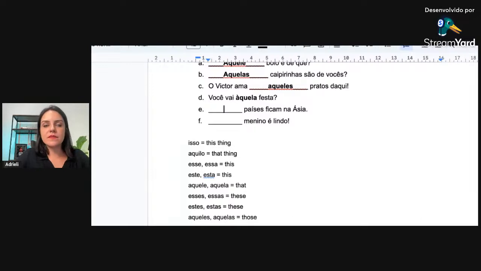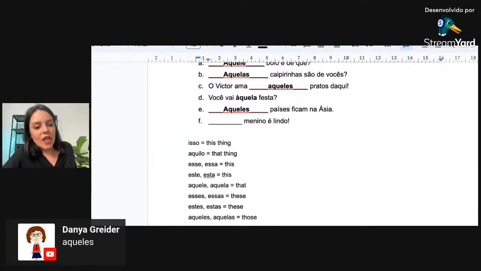Alguém? Anyone? So it's gonna be aqueles países ficam na Ásia. Isso, vocês estão com delay. Aqueles. Muito bem, Dania. Very good, very good.